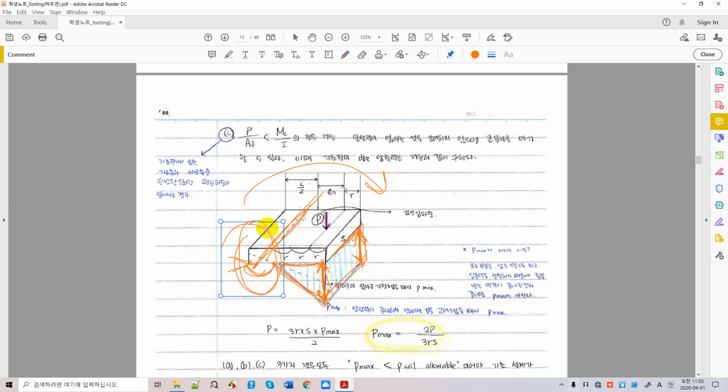And we assume this is divided into three R's, where R is the edge distance between the loading and the edge of the foundation. This is R, 3R. So what happened here? Okay, let me change the color.